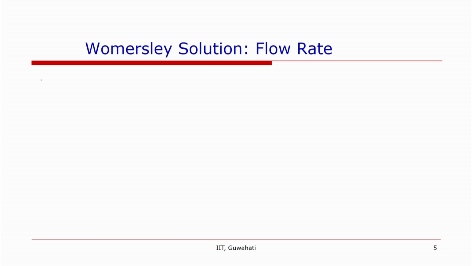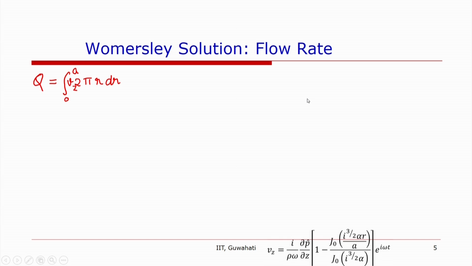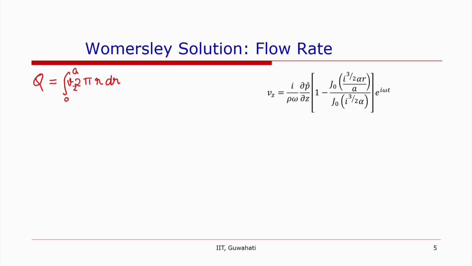The flow rate Q is equal to the integral from 0 to A, where A is the radius of the channel, of 2 pi r dr multiplied by Vz. And we have the velocity profile here.